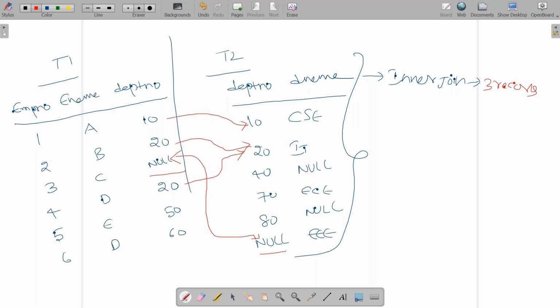Whenever you do the outer join, so this is the inner join. Next one is the outer join. The first one is the left outer join.